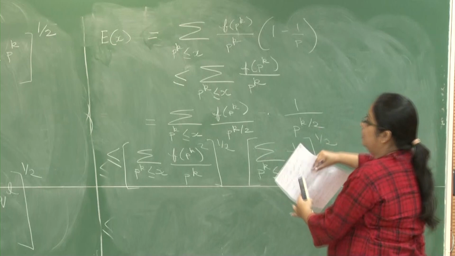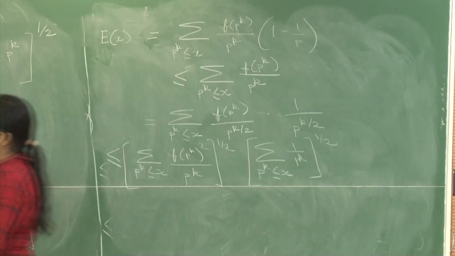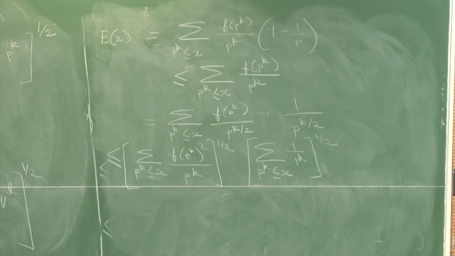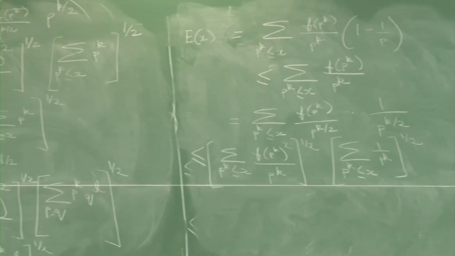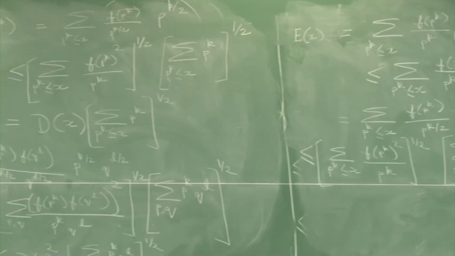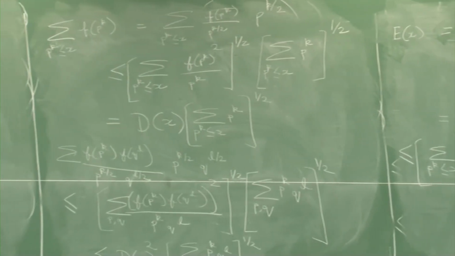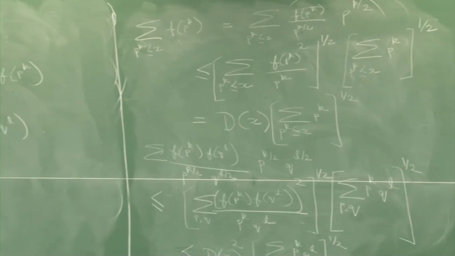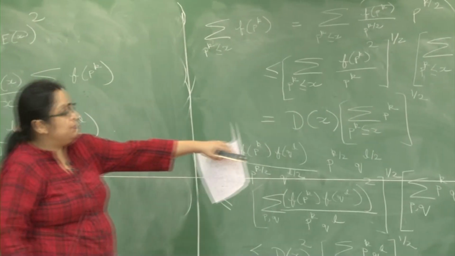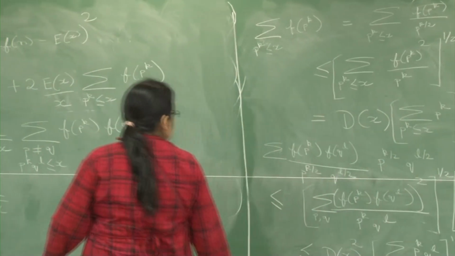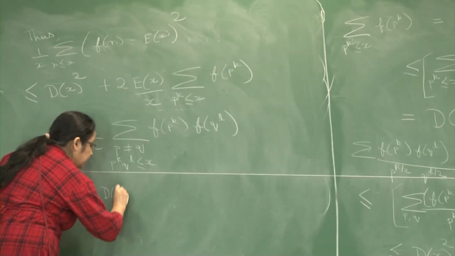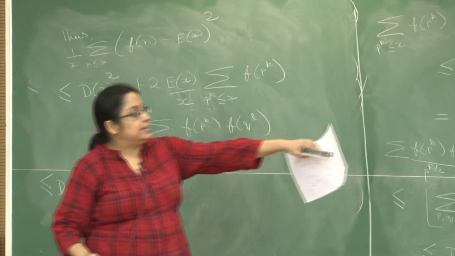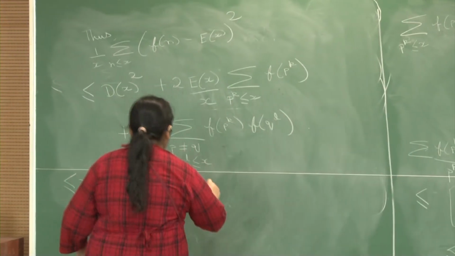So, putting all these into the terms here, what do we get? First is just d of x whole square. The next one is plus 2 by x. E of x, you told me, is less than or equal to d of x times something that does not depend on f.